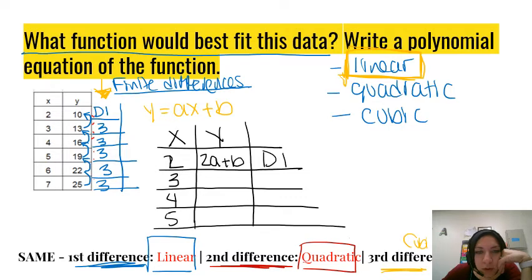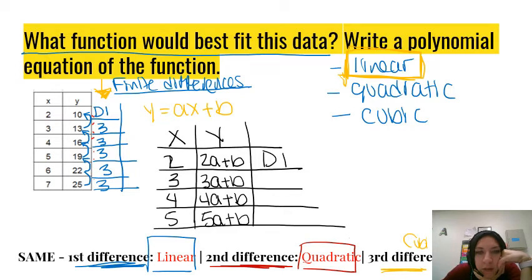You're substituting your values for x inside the general form. We put 3 in for x, so we have 3a plus b. We put the 4 in place for x, we have 4a plus b. We substitute the 5 in, we get 5a plus b.